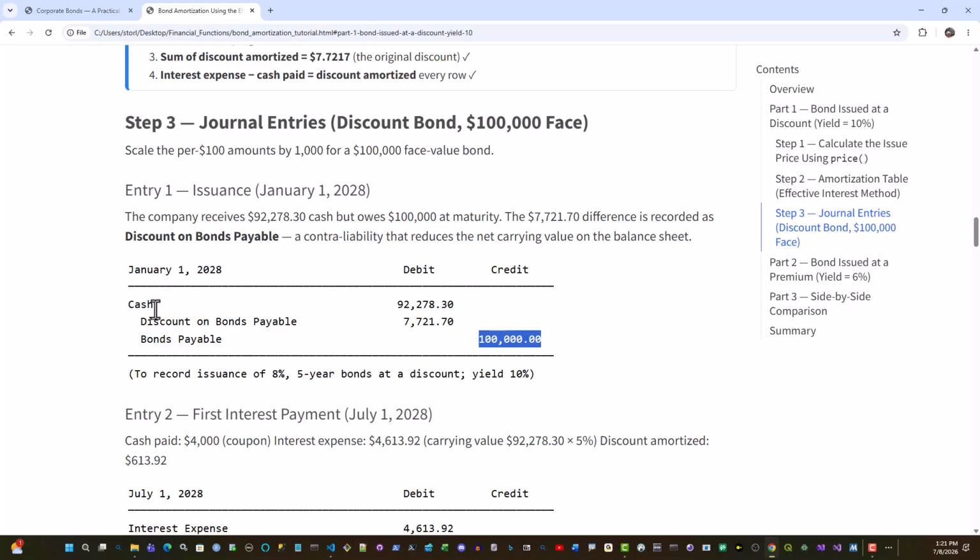The cash you're receiving, because the bond was sold at a discount, is only $92,278.30. The difference between this number and this number will be called discount on bonds payable, and the discount on bonds payable is a contra liability account.